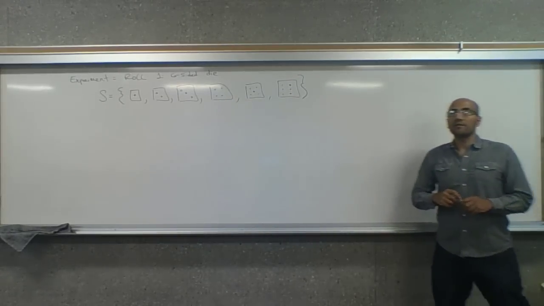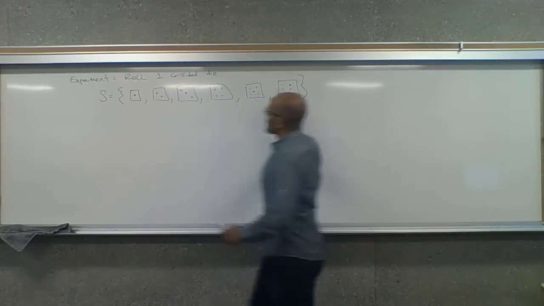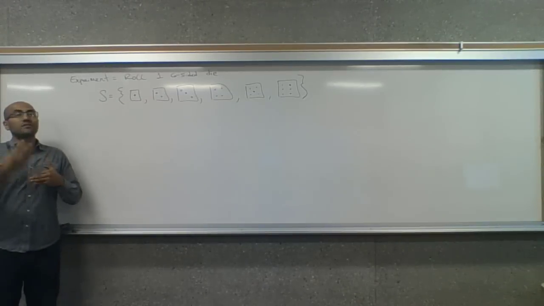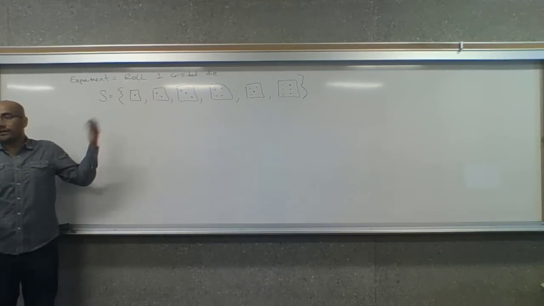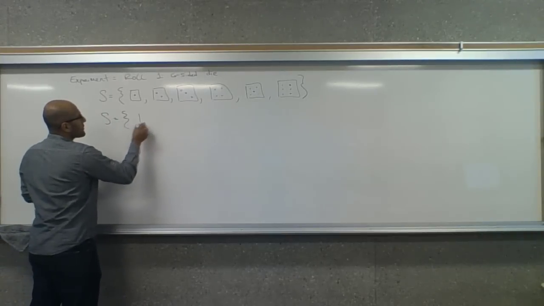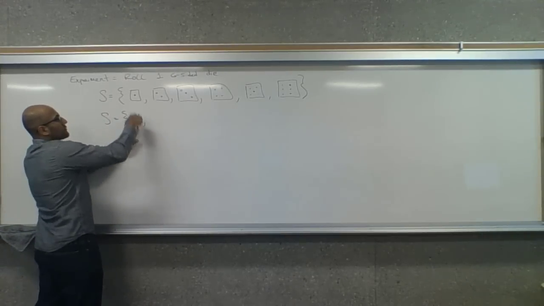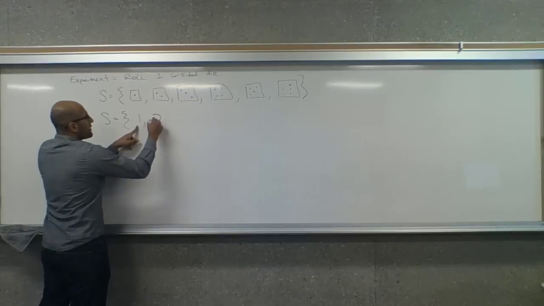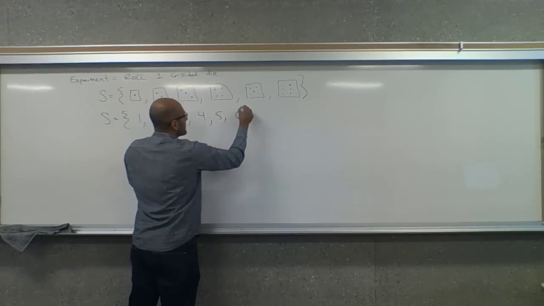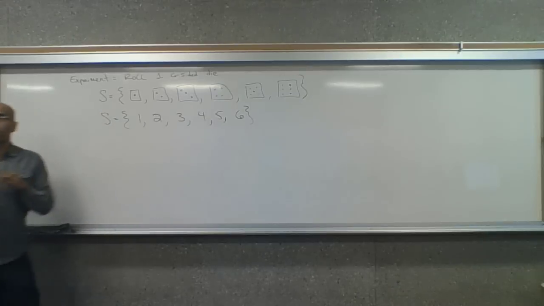Right, that's our sample space. Okay, well, you could describe it this way, and in some word problems, the way to describe it is to do a picture, right? But in this case, it also makes sense to just write down the numbers. So in this notation, this represents that I rolled the number 1, the number 2, the number 3, the number 4, the number 5, or the number 6. So that's our sample space.